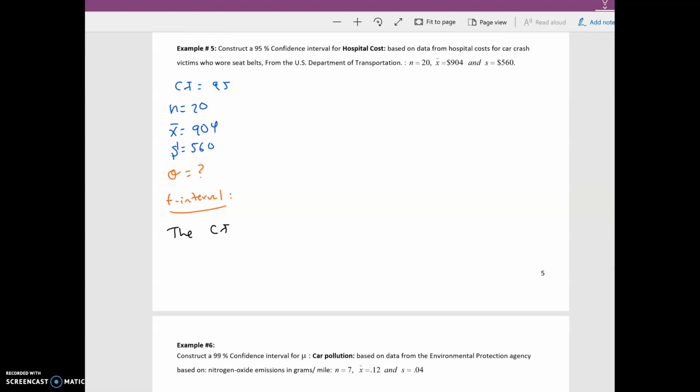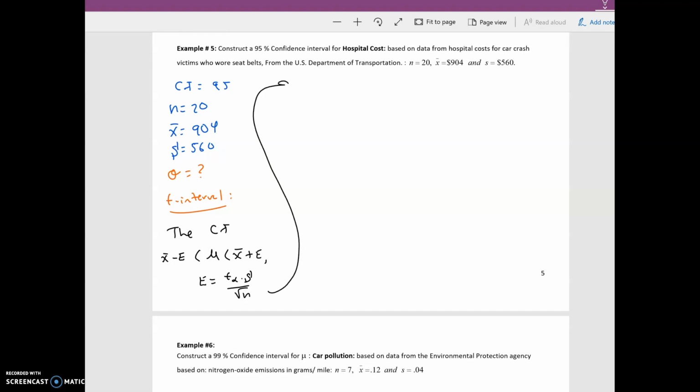So the CI is going to have mu bounded by the following two values, the mean plus the error, and then the mean minus the error, where the standard error is equal to the t of alpha times s over the square root of n.